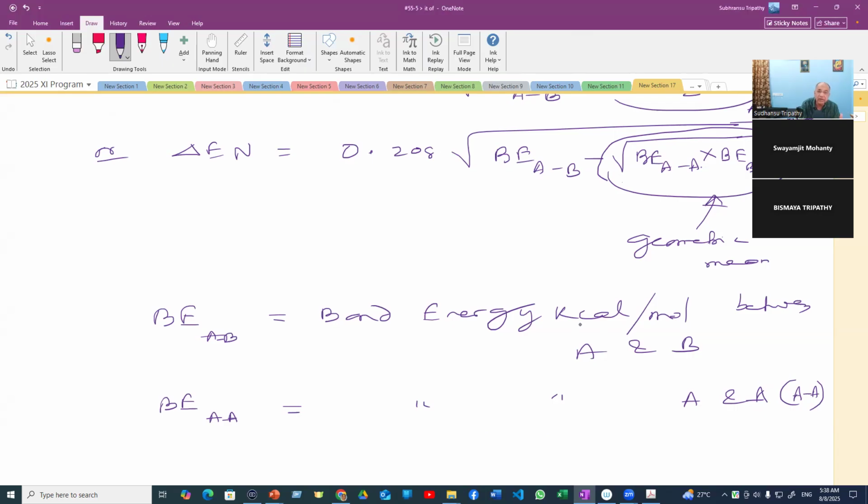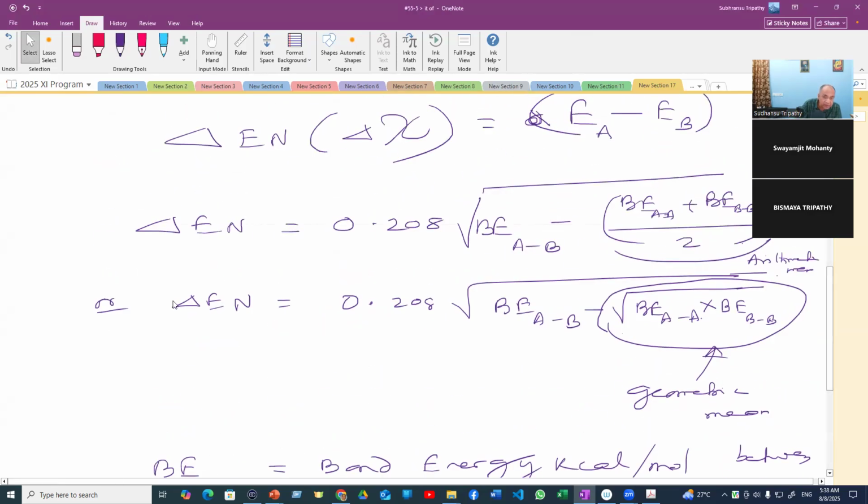And in hydrazine, there is an N-N single bond. So you can get single bonds between identical atoms and break them and find that energy. And similarly BB, and take its mean, better the arithmetic mean.